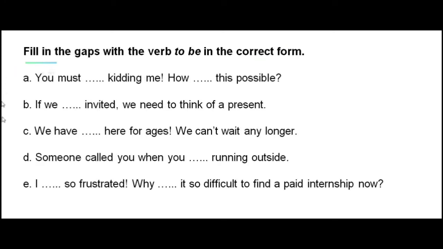And now, read the following sentences and fill in the gaps with the correct form of the verb to be. A. You must kidding me. How this possible? B. If we invited, we need to think of a present.